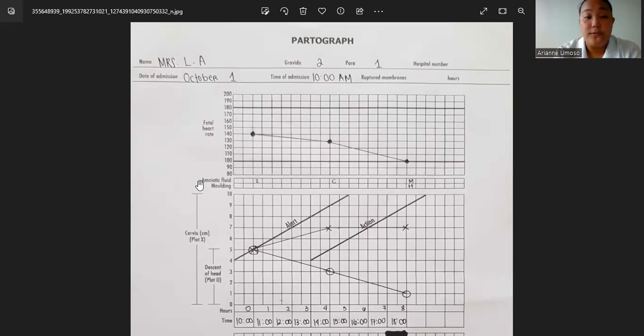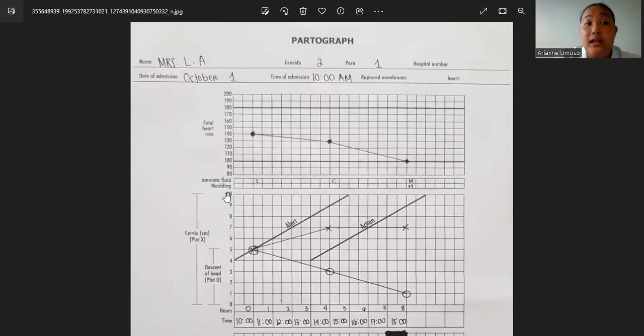Below the amniotic fluid is molding. This is an important indicator of how adequately the pelvis can accommodate the fetal head. This is noted every 4 hours, and there are 4 ways to note the molding.